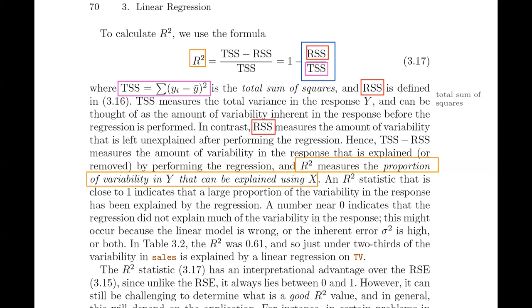This might occur because the linear model is wrong, or the inherent error sigma squared is high. So if your error term has a very high sigma, even if you know the true relationship, that error term is, we're really going to keep an eye on the error term.